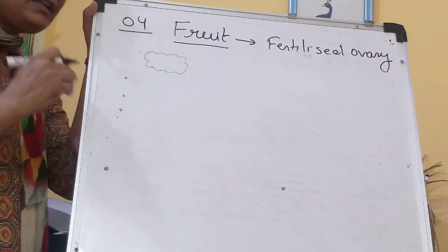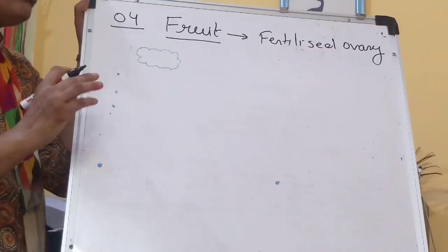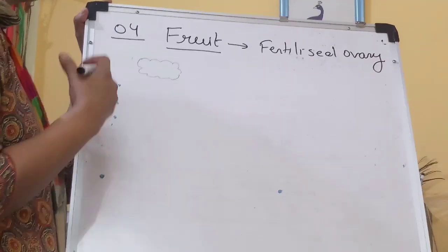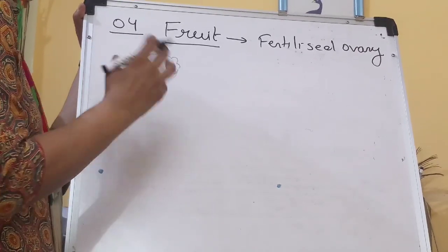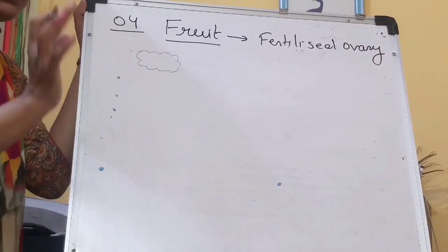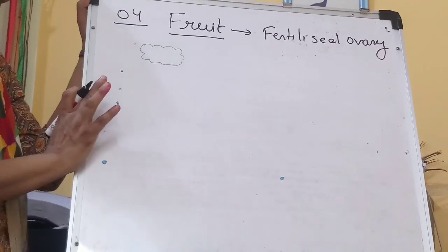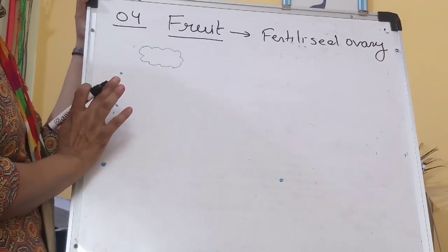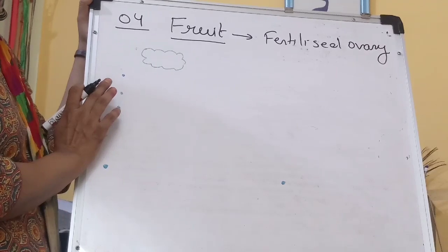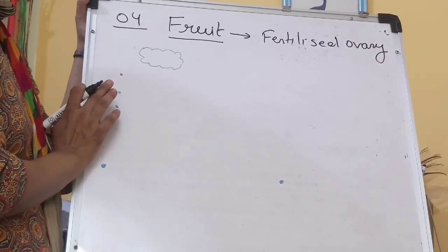Fruits have types according to development, according to the edible part we eat, and so on. You have studied the types of fruit in chapter 6, Anatomy and Morphology of Flowering Plants, in your standard 11.